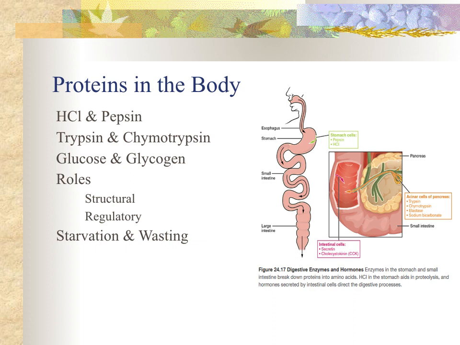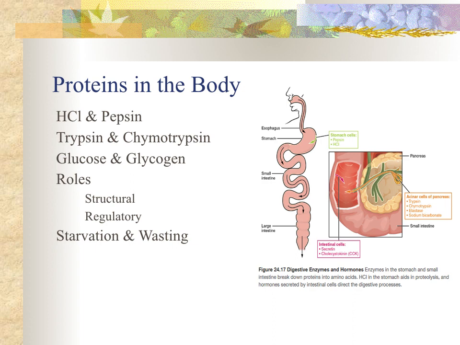Unlike amino acids, proteins aren't hard to digest. Digestion begins in the stomach with hydrochloric acid, HCl, and pepsin. And then it's continued in the small intestine with trypsin and chymotrypsin and peptidases.